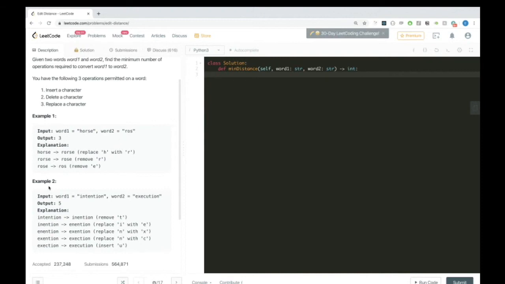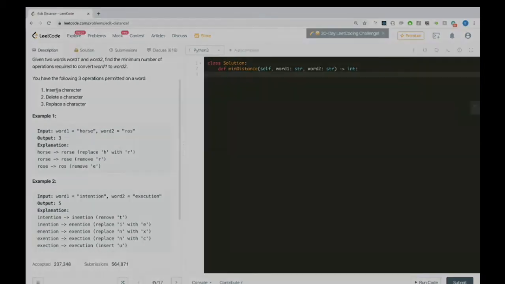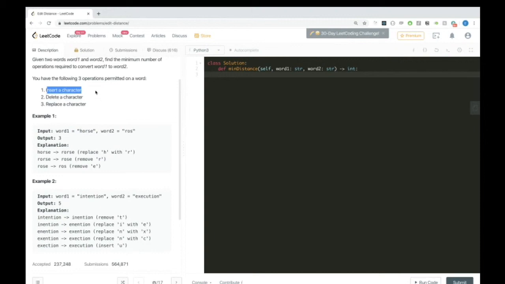So what you should be thinking in your head right now is essentially a brute force solution. The brute force solution would be thinking to ourselves, how do we try each of the combinations of inserting a character, deleting a character, and replacing a character at every single point of the word horse, right?